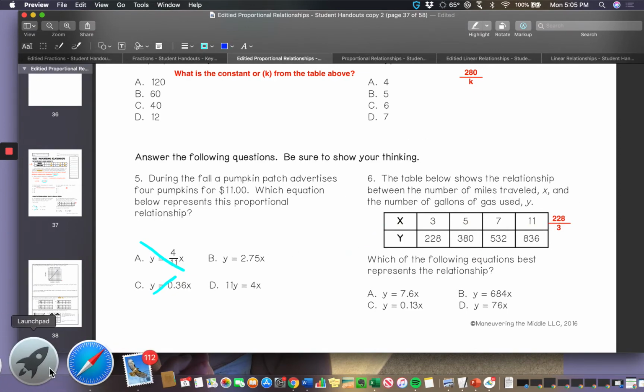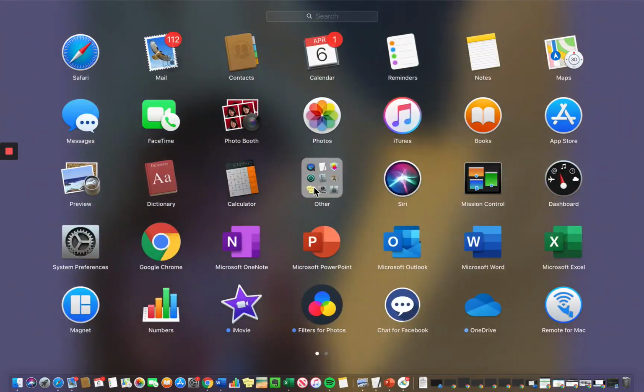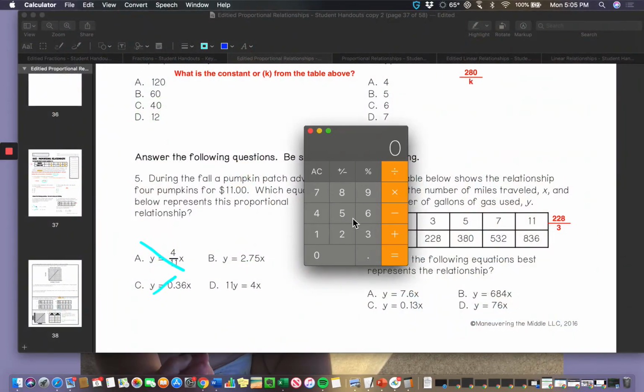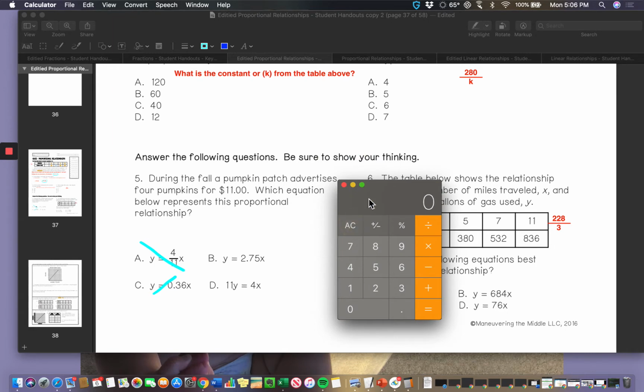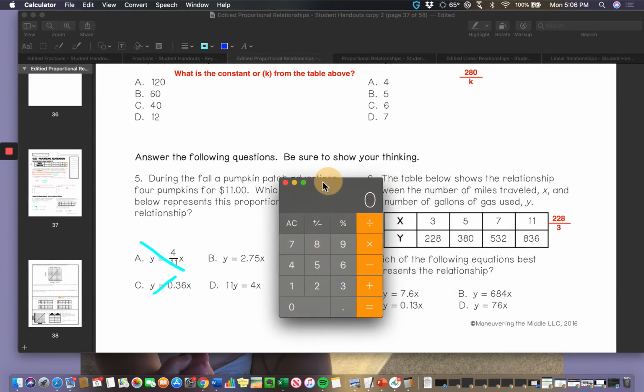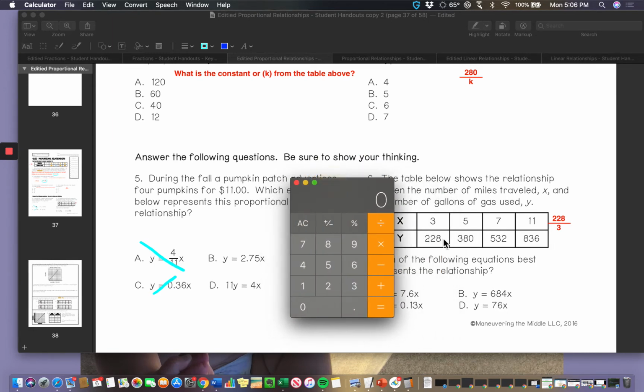In fact, let's find out if we're right. So I take 228 divided by 3. There you go. There's an answer right there. That easy. Real quick again. Y was 228, so 228 comes first, divided by 3, and you get your answer right there.